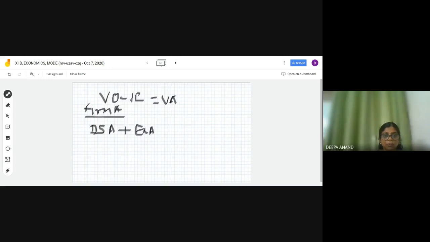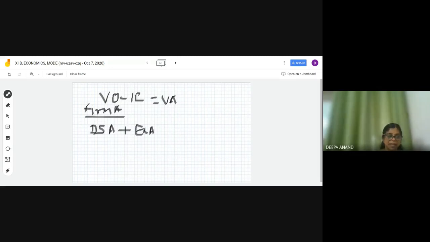Then minus intermediate consumption. What is the intermediate consumption here? See, purchase by firm A. Purchase by firm A means whatever purchase firm A is making, that is used as intermediate consumption. So they purchase for producing.